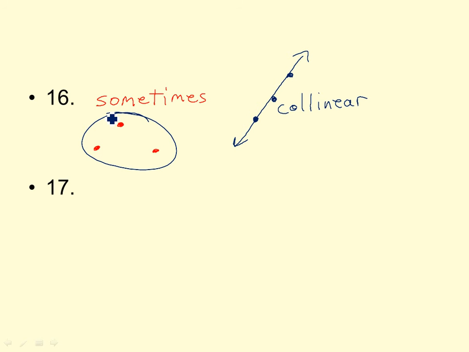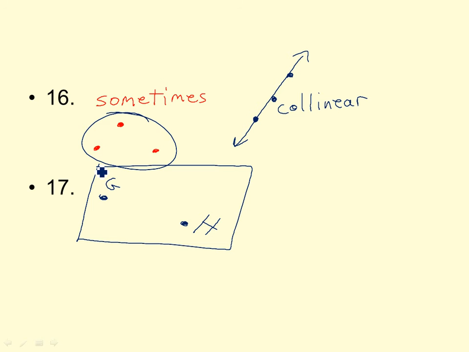Number 17. Number 17 says points G and H are in the same plane. So apparently we have a point G here, point H here. Those 2 are in the same plane. They're both on my whiteboard. And they're in plane X. So if I draw a plane, remember a plane, we usually draw something like that. So they're both in that plane.